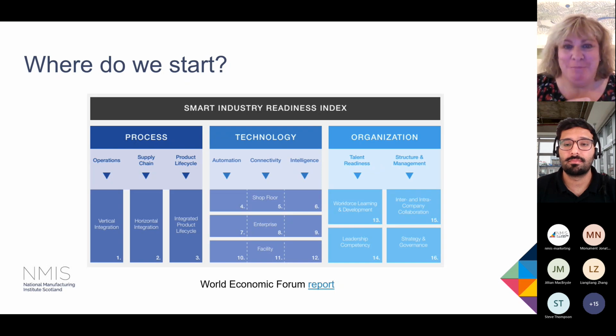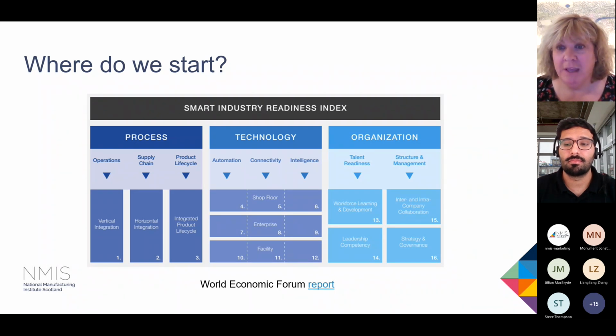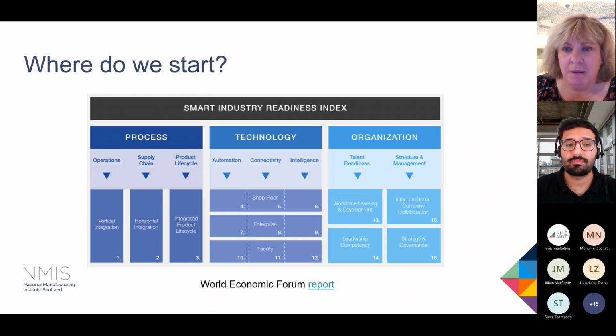This webinar is about that, but our resource and labour as a whole is probably the most expensive part in many manufacturing facilities. So taking into account our people, and ensuring that they can work efficiently and productively and have the skills to do so, is so important. In the Smart Industry Readiness Index, it takes up a third of the whole programme.